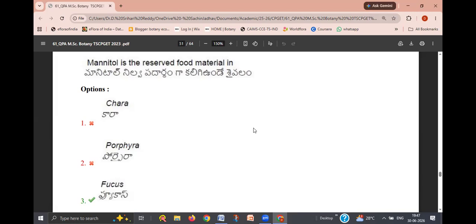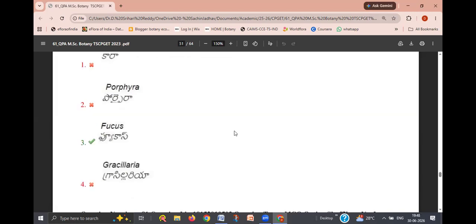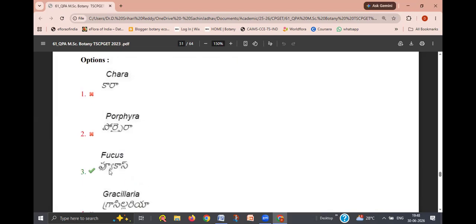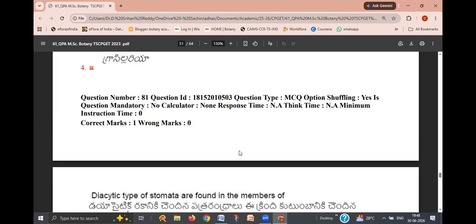But in the Phaeophyceae, the food is stored in the form of mannitol or laminarin. Laminarin and mannitol are the two forms of storage food in the Phaeophyceae, and Fucus is an example. Ectocarpus, Fucus, Sargassum, Laminaria, all these are algae which belong to Phaeophyceae. So the right answer is Fucus.